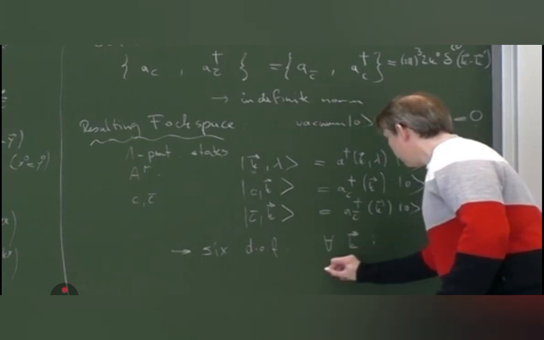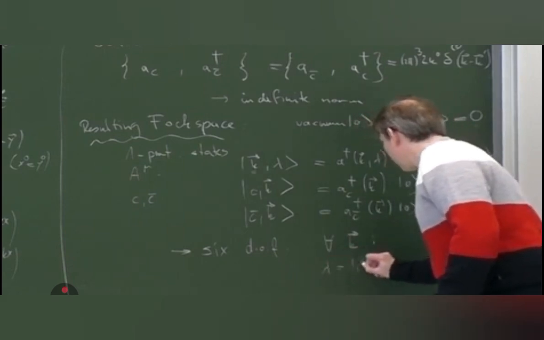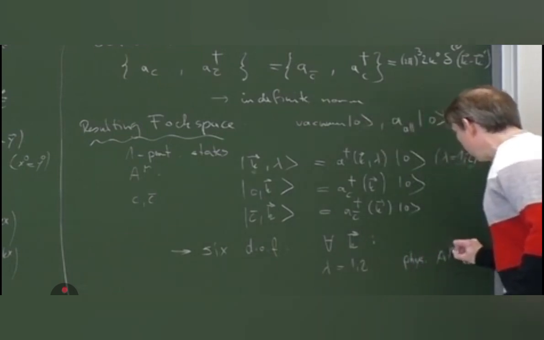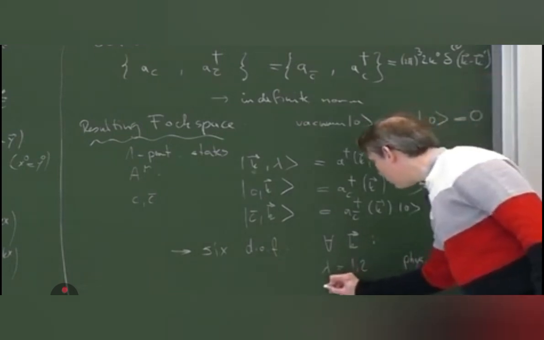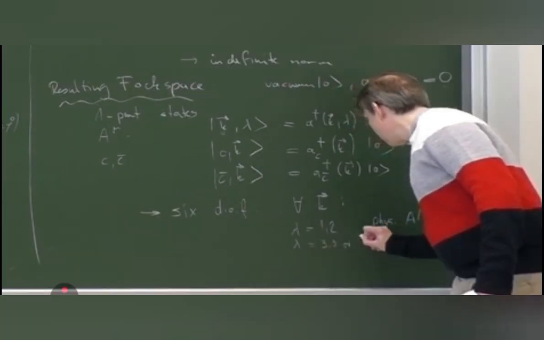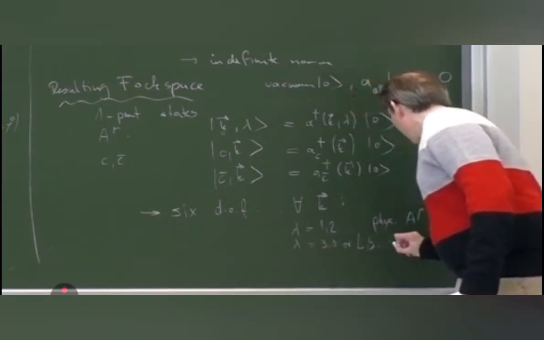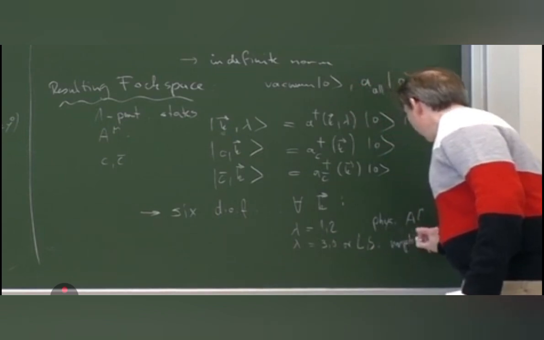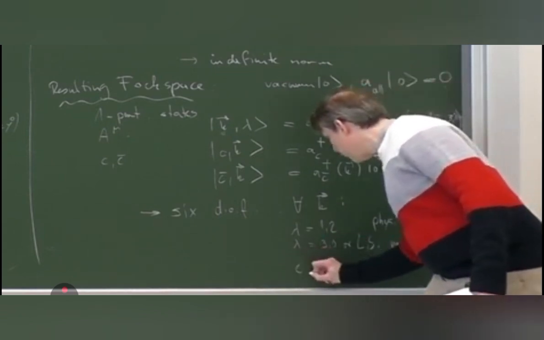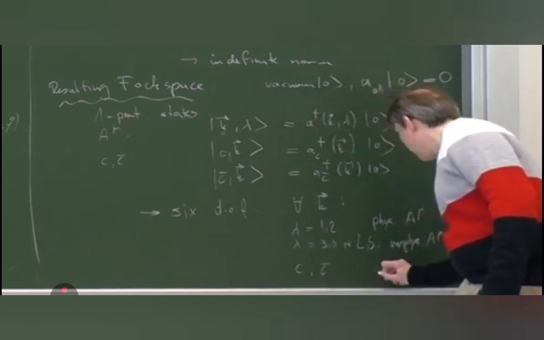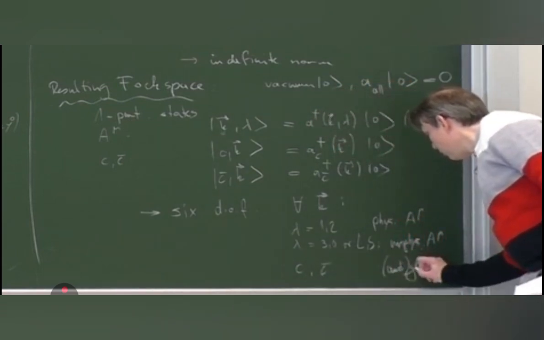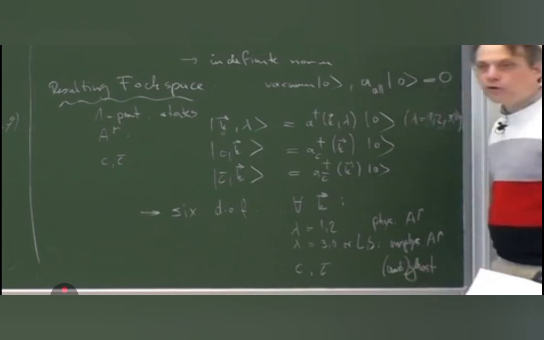So we have lambda equal 1 and 2, physical vector field components, lambda equal 3, 0 or LS, are unphysical vector field degrees of freedom, and C and C bar are ghost and anti-ghost states.